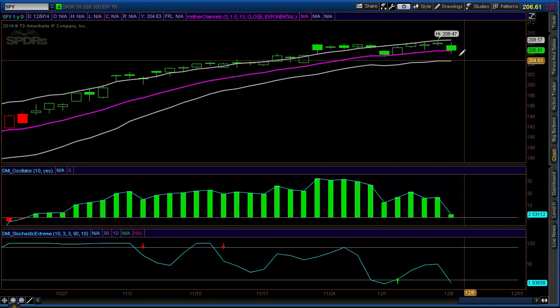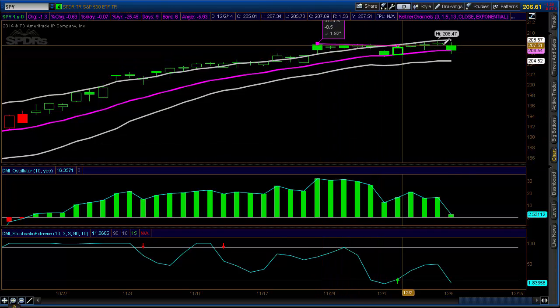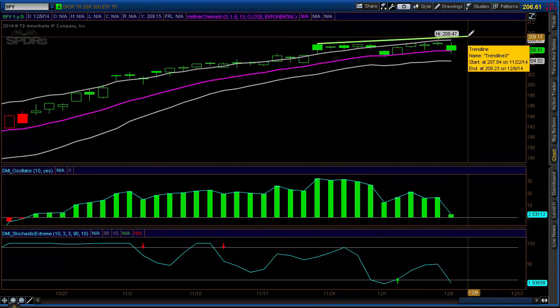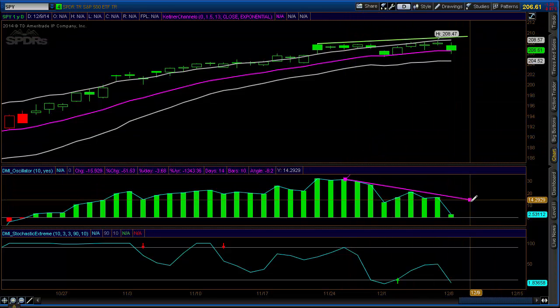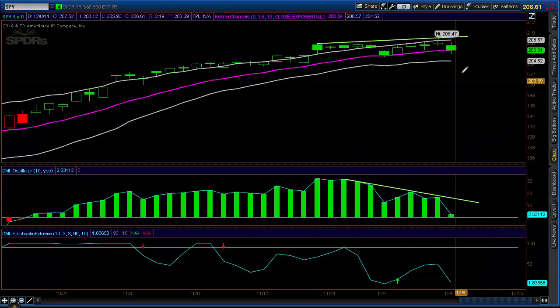We may need to sell off and then rally back up. I will note we are making new highs, but the oscillator here is making lower highs, so it's rolling over in the face of this sideways action.